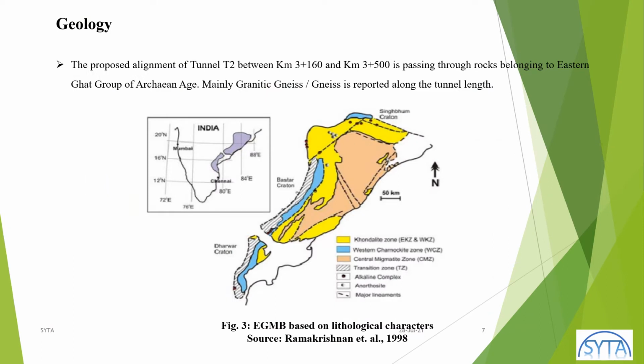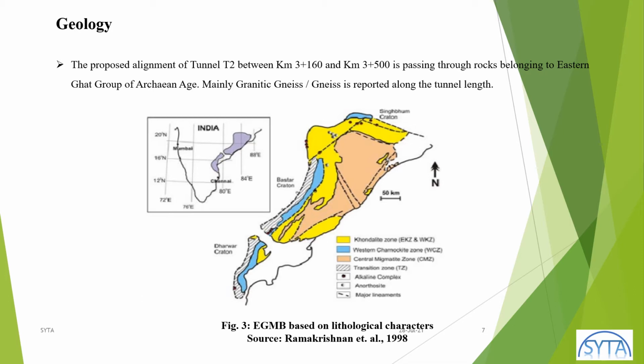Now, the geology of this area. This region lies in the Eastern Ghats of Odisha state, so majorly granitic gneiss is available here. Granitic gneiss is moderately to highly weathered generally, and at places completely weathered, jointed, medium weak to very weak at portal locations.